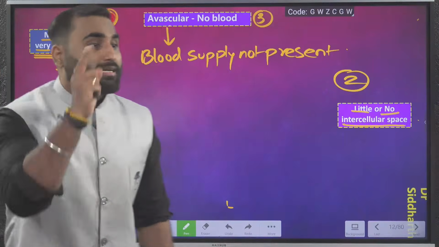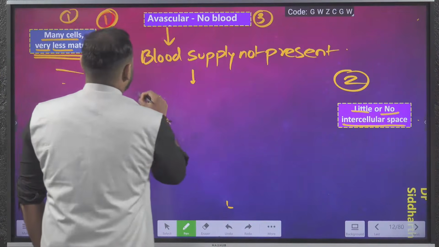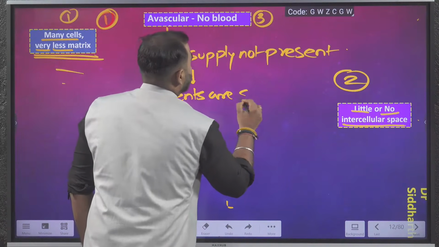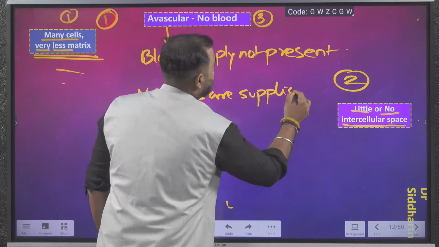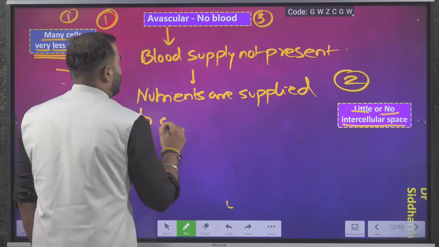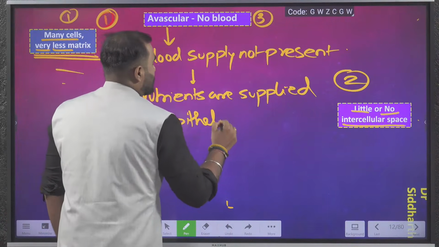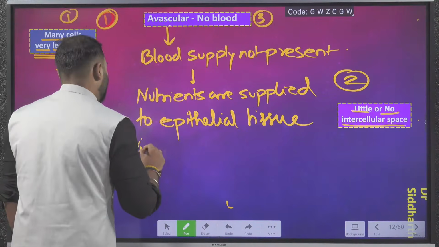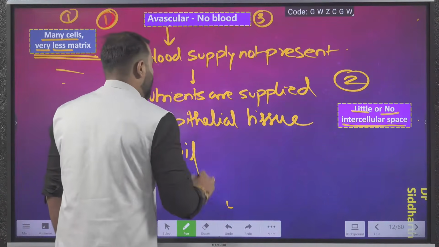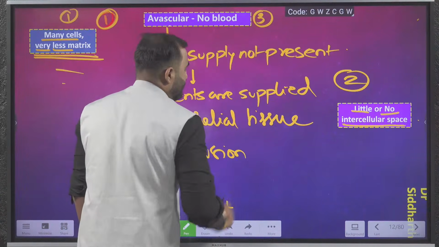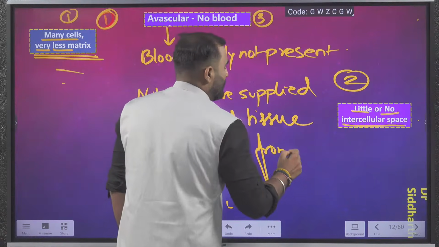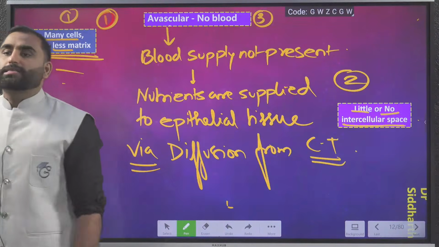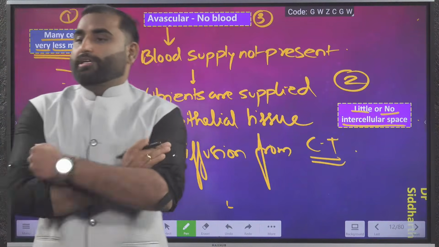So all the nutrients are supplied to epithelial tissue via diffusion from the connective tissue. CT means connective tissue.